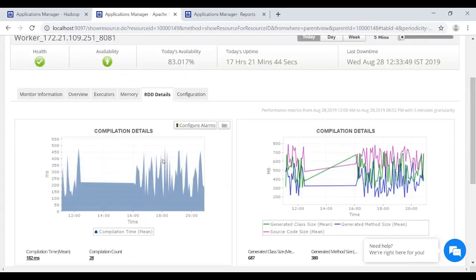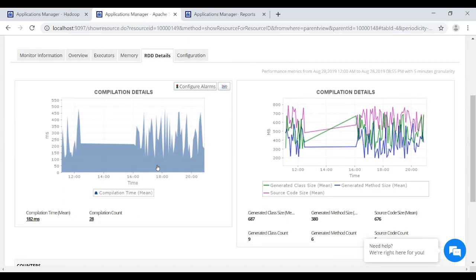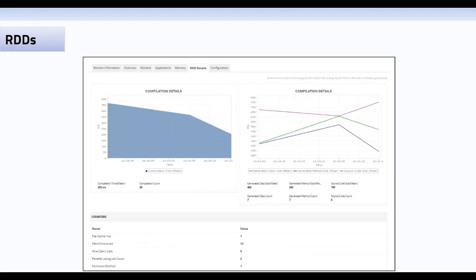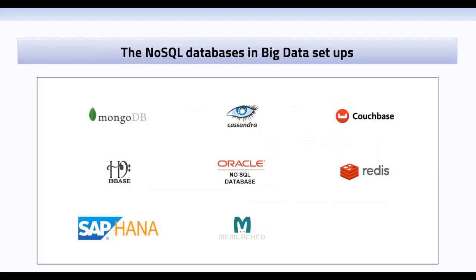So let me just go back to the presentation and continue where we left off, which would be the second item on today's agenda, the NoSQL databases and big data setup. As you can see from this screen, all of the popular NoSQL databases are supported within Applications Manager.